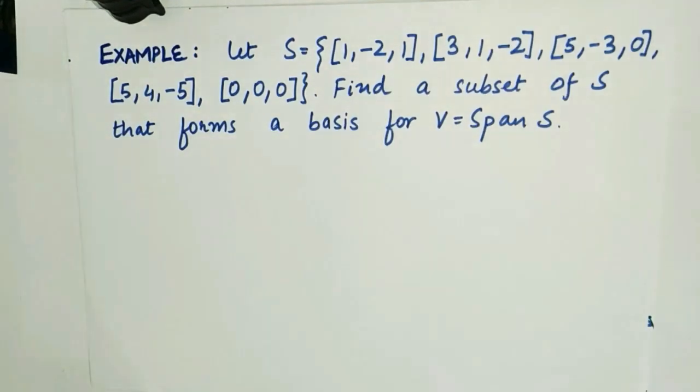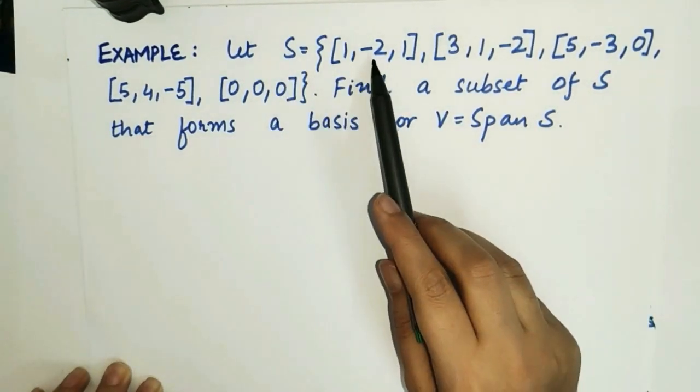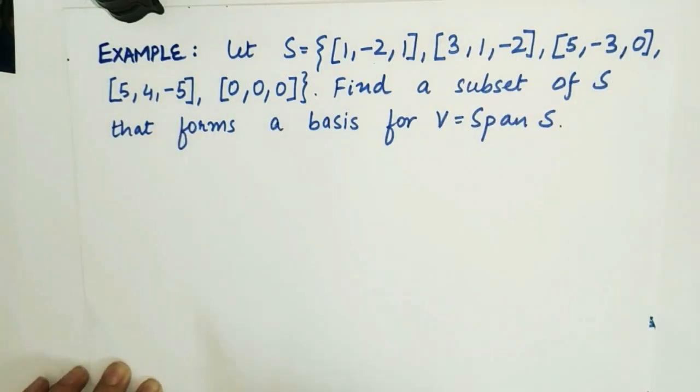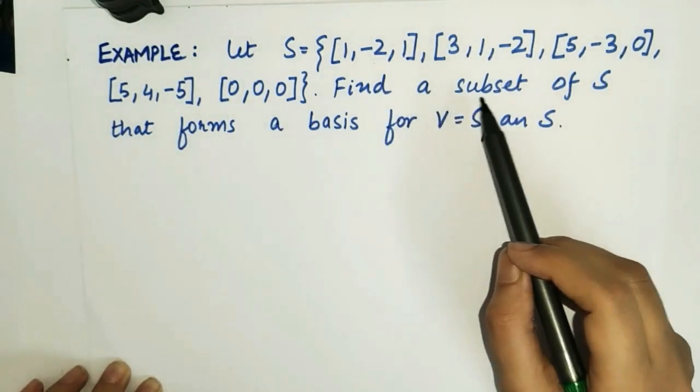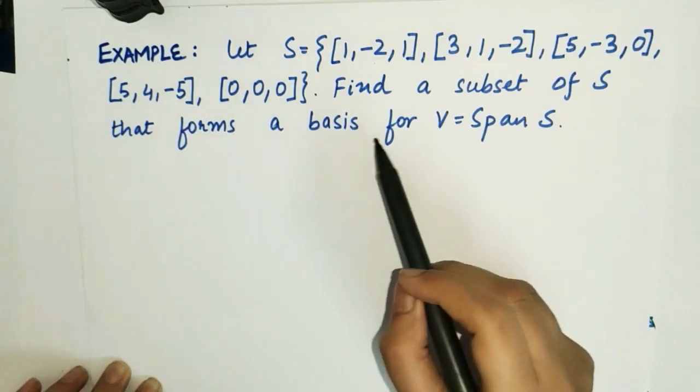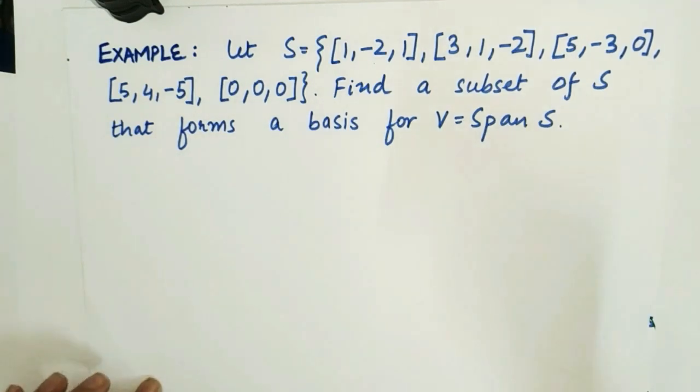So let us take an example. Now I have taken a set S that contains 5 elements, and I need to find a subset of S that forms a basis for V. So that means I need to find my maximal linearly independent subset of S. This is what I have to do.